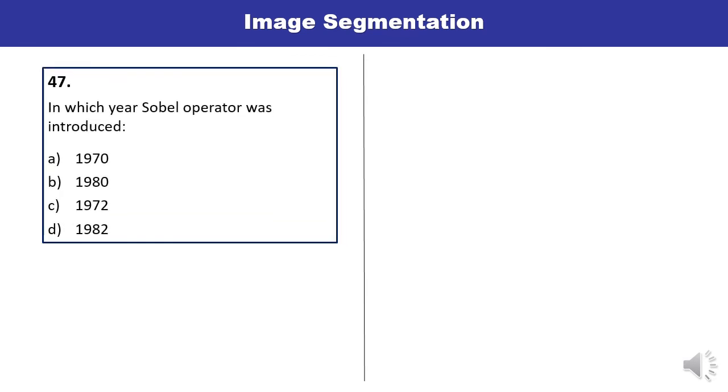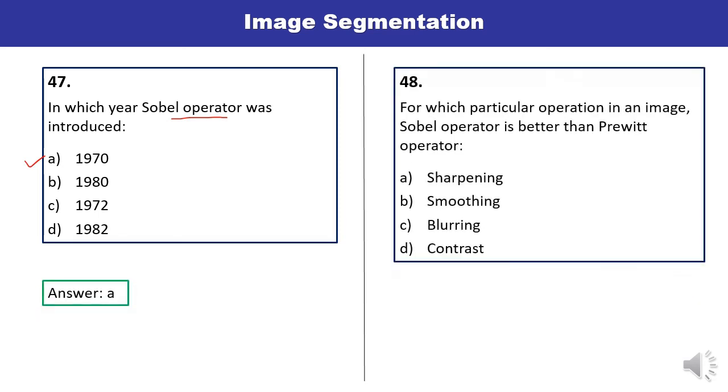Question number 47 is, in which year Sobel operator was introduced? 1970, 1980, 1972 or 1982. So it was introduced in 1970. This is the correct answer. Question number 48 is, for which particular operation in an image Sobel operator is better than pivot operator?